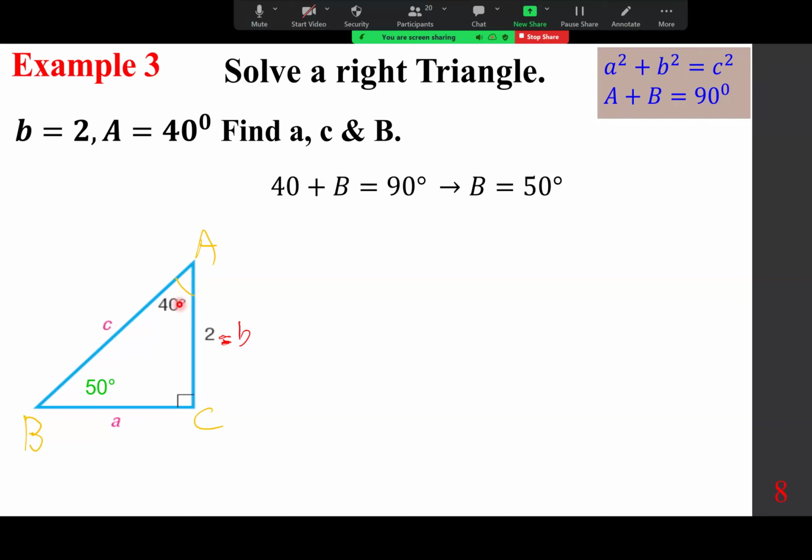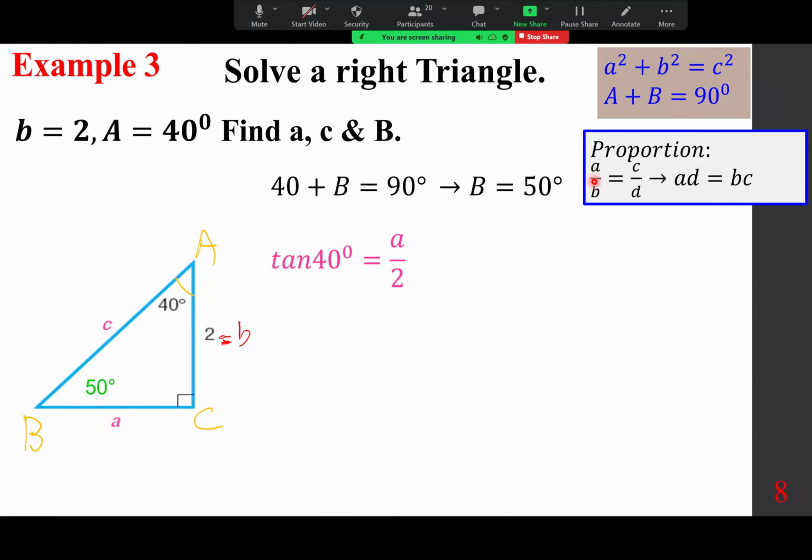And now tan of this one is the opposite over the adjacent, a over 2. Which means we can use the cross product. One times a is 2 times tan 40, and I'm reminding you of the proportion and therefore cross product. So 2 times tan 40 is a.